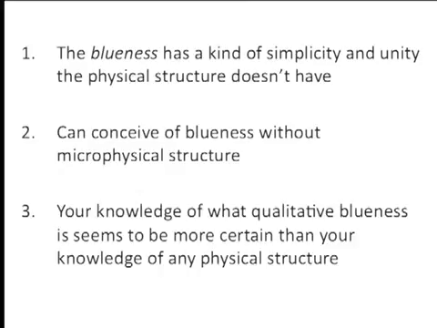And you could certainly imagine blueness without any particular physical structure. And your knowledge of what the qualitative characteristic is seems to be more certain than your knowledge of any physical structure. So it seems to lift off from the physical structure. It doesn't seem to be just reducible to the physical structure.